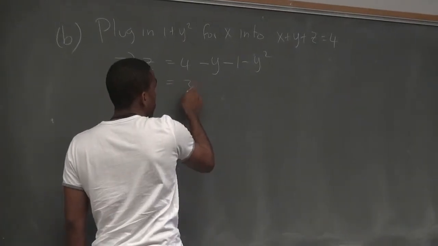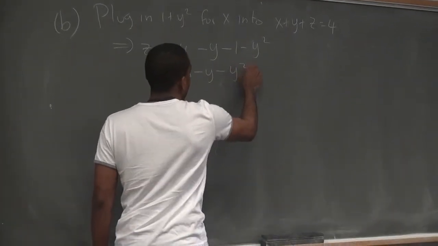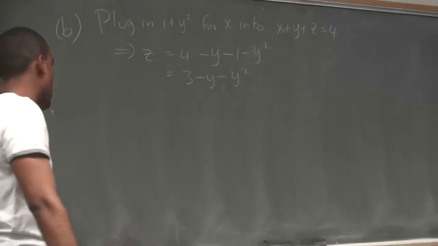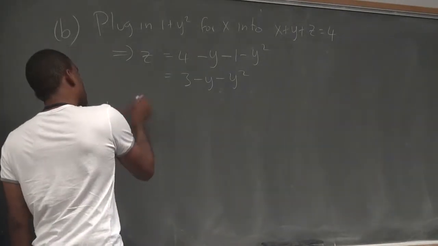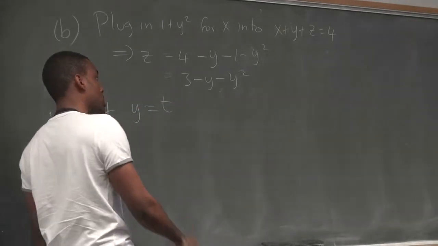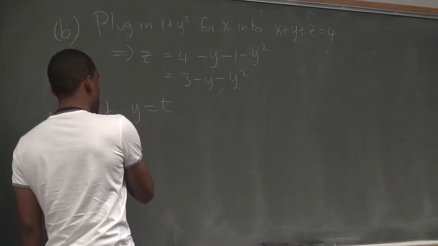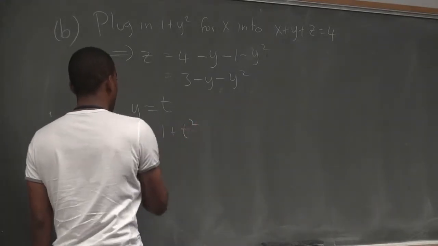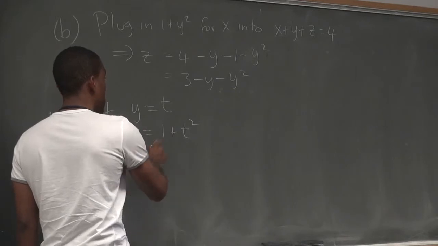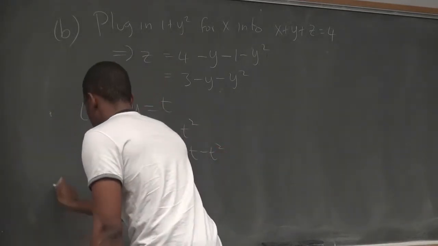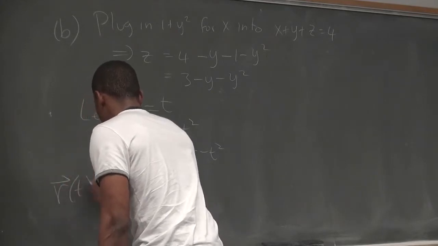So your z would be 3 minus y squared. And you can actually parameterize it in terms of y. For some reason people like t, so you can say y equals t, which means that your x would be 1 plus t squared, and then your z would be 3 minus t squared, and so you get the vector function.